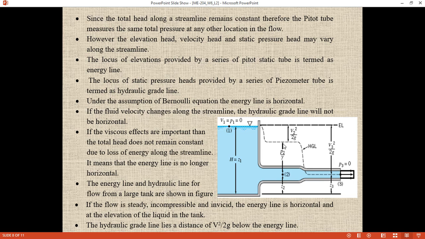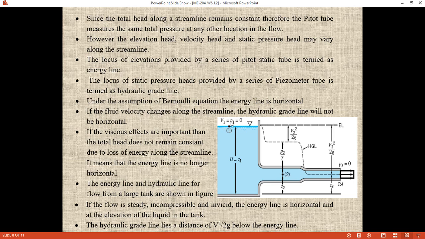So as the velocity increases, the hydraulic grade line will decrease. As the velocity decreases, the hydraulic grade line will increase. When the velocity is 0, then the hydraulic grade line and the energy grade line will lie on the same line, as you can see on the top.